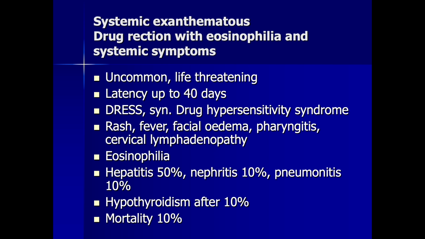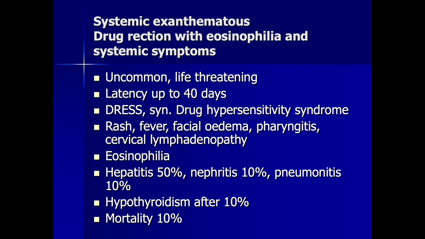One of the striking symptoms, and obviously sometimes signs as well, is that of facial edema. So individuals with DRESS quite commonly will have facial edema, and they will often complain of that rather than the doctor noticing it because the patients notice the change. They may have pharyngitis, they may have cervical lymphadenopathy, but they've almost always got eosinophilia, and that can be quite marked. 50% of people will develop a hepatitis, so elevated transaminases.